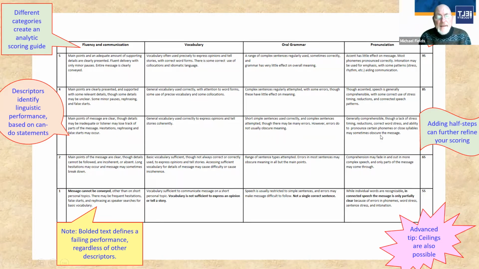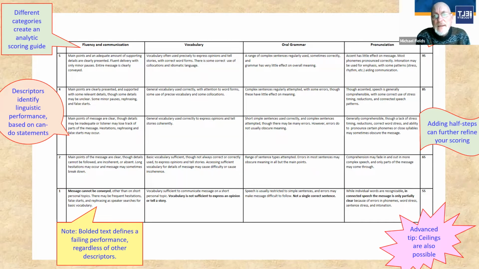You could add in these same sorts of ceilings, not only at the lowest level, but at any level you wanted. So you could say, for example, if the student didn't write a multi-paragraph essay, if they just sort of blurred everything into one long paragraph, I'm changing the example here to writing, then they might not get above a C on their organization, that C level, that 75.